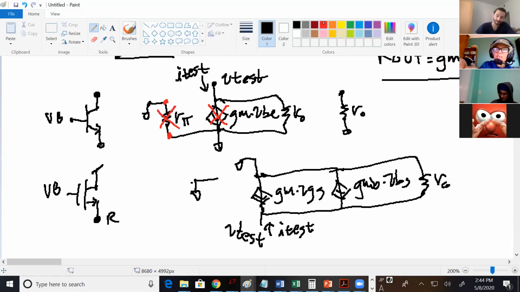So did anybody see any simplifications that can be done here? Both the current sources become the same thing, which is GM times negative V test. You could do that, but you can make it even simpler. So that's a totally valid thing to do.